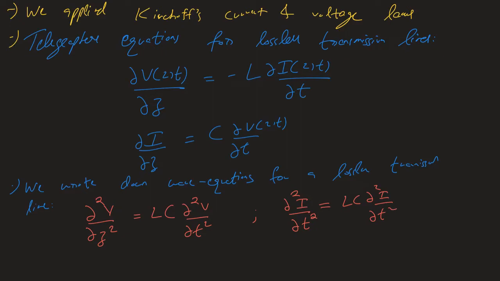We saw that the speed of propagation v, the phase velocity, was equal to 1 over the square root of the inductance times the capacitance, which was this factor here. We saw forward and back propagating solutions. And the last thing that we derived last time was something called the impedance, which was the ratio of the voltage at every point to the current at every point.